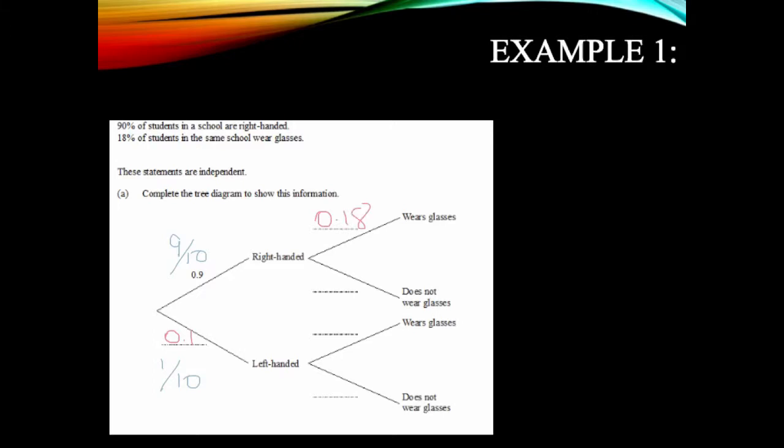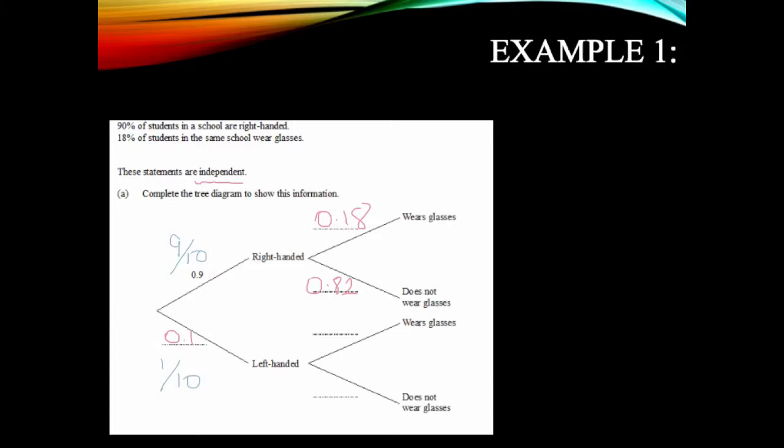They wear glasses. And again, we can use this property of probability tree diagrams that the two branches are going to add up to 1. So in this case, if that was 0.18, this is going to have to be 0.82.